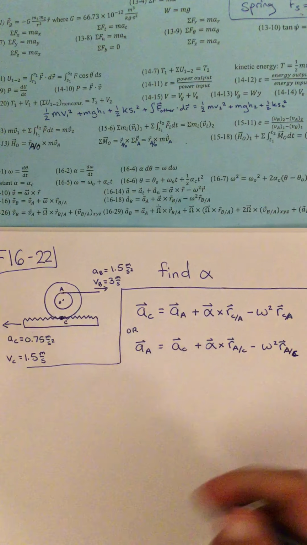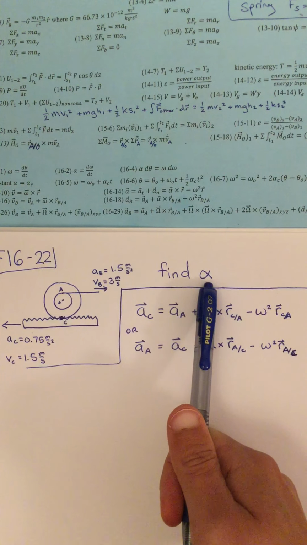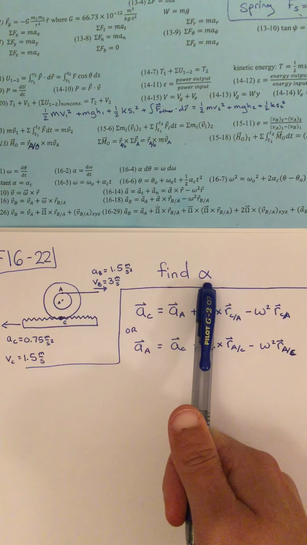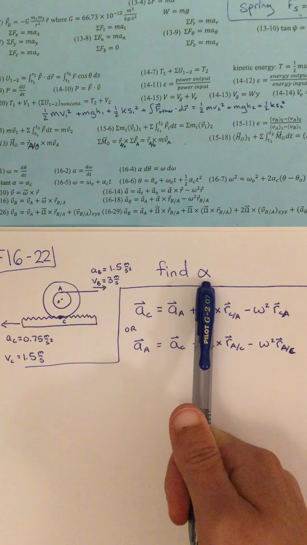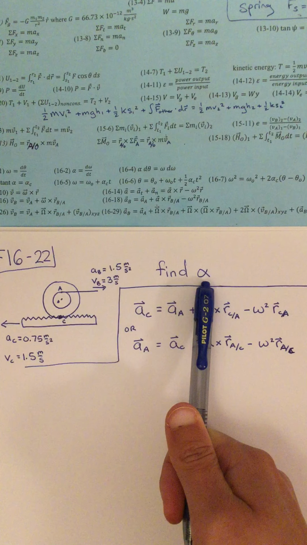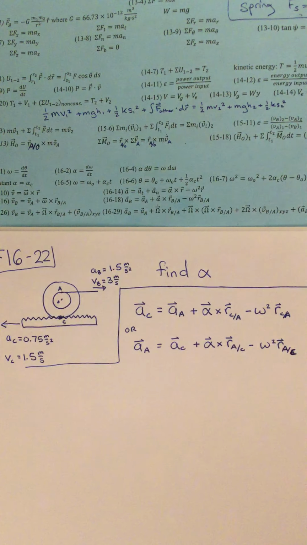I'm asked to find the angular acceleration here. Now, I know the angular acceleration is either in the positive k-hat direction or the negative k-hat direction. I'm not going to make an assumption about which; I'm going to solve for it and let the sign tell me what direction it's in.